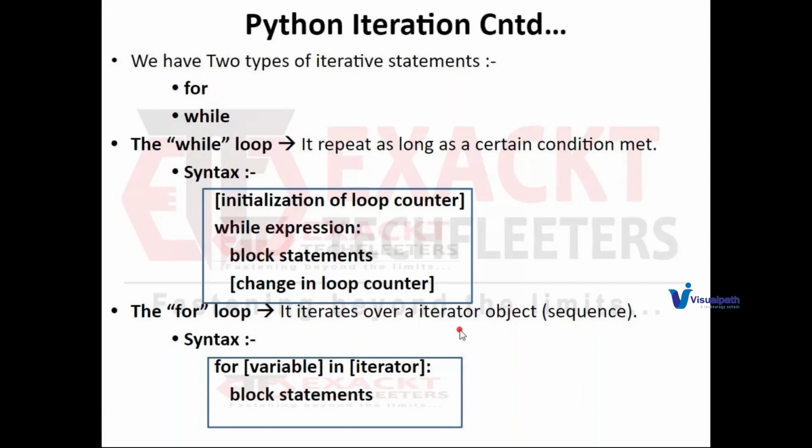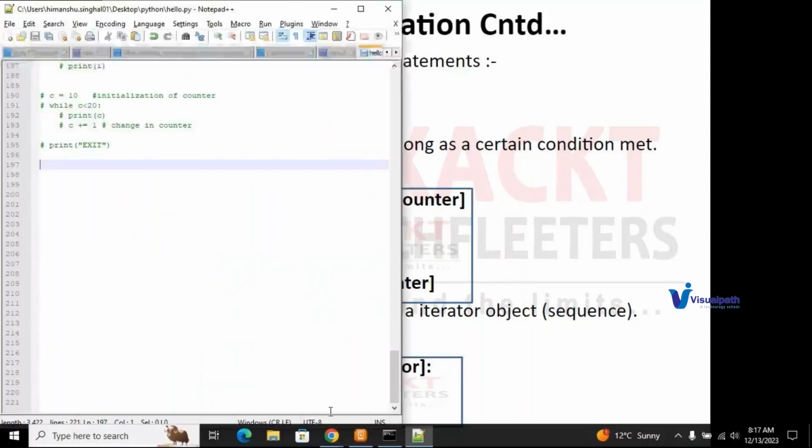When you take out values from the iterator object, each value taken out will be assigned to this variable. Then you specify the in operator. In is an operator, not a keyword. So: for the variable in this iterator object, then a colon and the block of statements. Let me show you this.